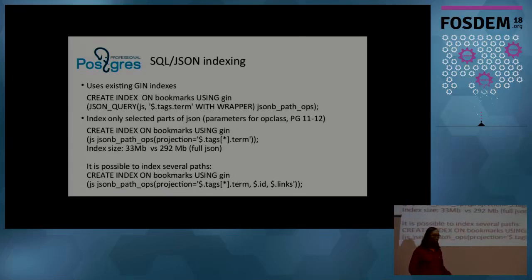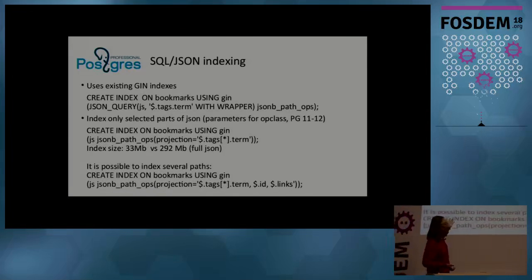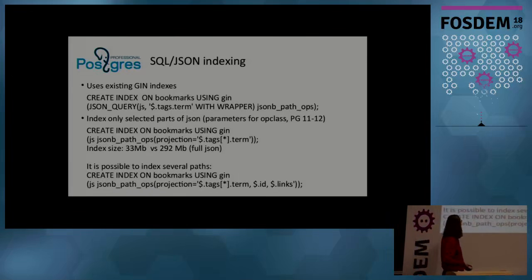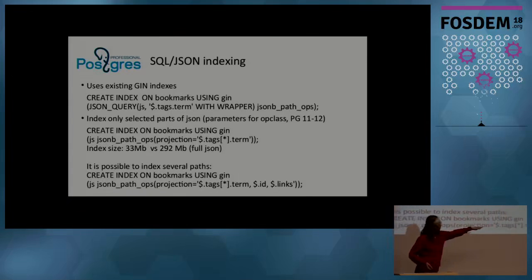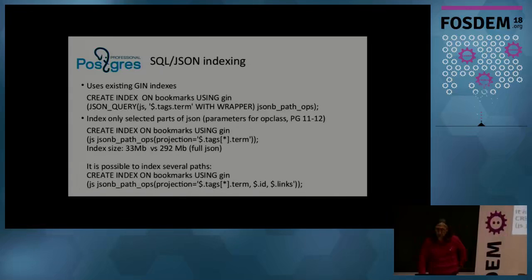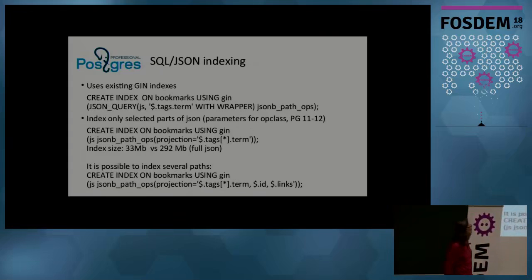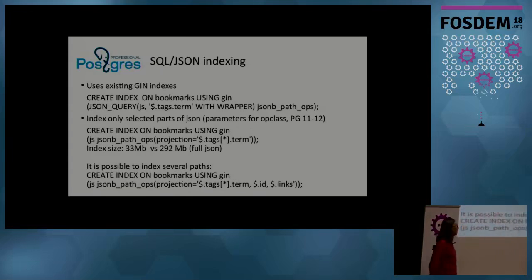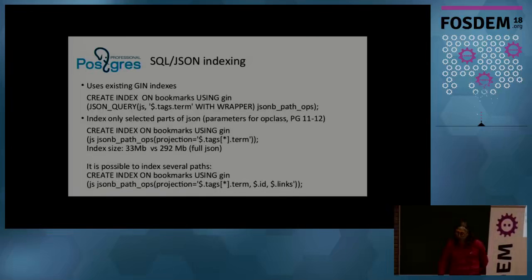So currently you have to index the whole JSON, but now you can specify which part of JSON. You can specify even several paths to index. And we are working on this patch, and hopefully it will go to PG11 and certainly to PG12.